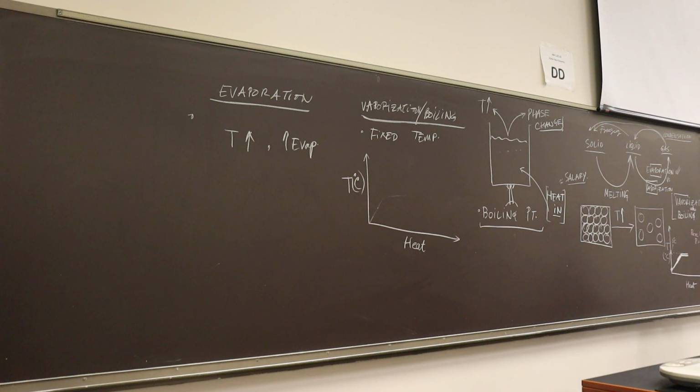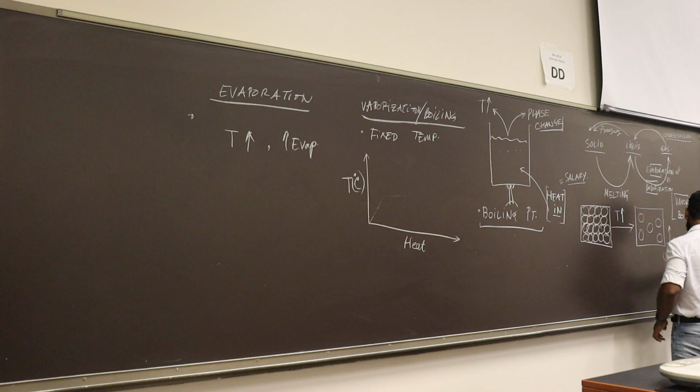Now, a phase is a very macromolecular idea. A phase cannot be identified by a single molecule. It is always through connections, like where the other molecules are. So after this, the temperature is also going to increase.